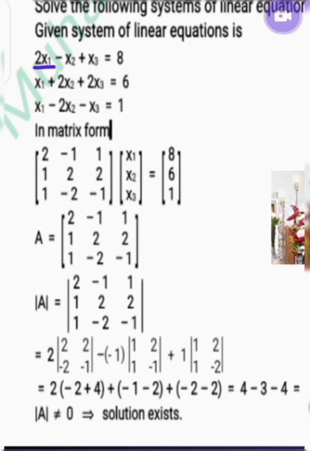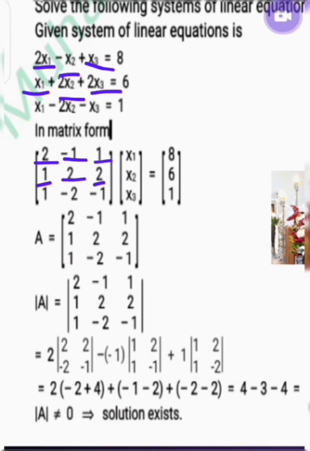The coefficient of x1 is 2, the coefficient of x2 is minus 1, and the coefficient of x3 is 1. First of all, we will write the coefficients of the first equation. For the second equation, the coefficient of x1 is 1, x2 is 2 and x3 is 2.